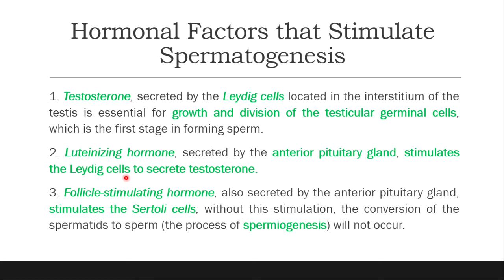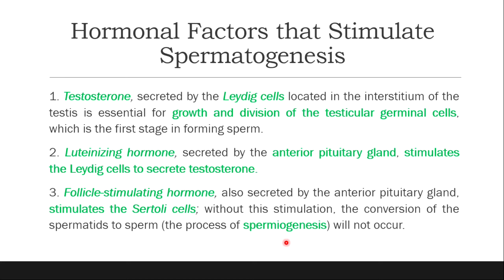Okay? And then also, third hormone is the follicle stimulating hormone. It's also secreted by the anterior pituitary gland natin, which stimulates the Sertoli cells naman. So without this stimulation, the conversion of the spermatids to sperm, the process of spermatogenesis, will not occur. Di ba sinabi ko kanina, ang importance ng spermatogenesis, ito yung tinatawag natin differentiation from the spermatids to spermatozoons, di ba?